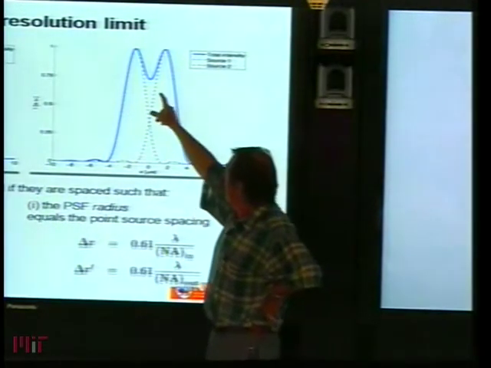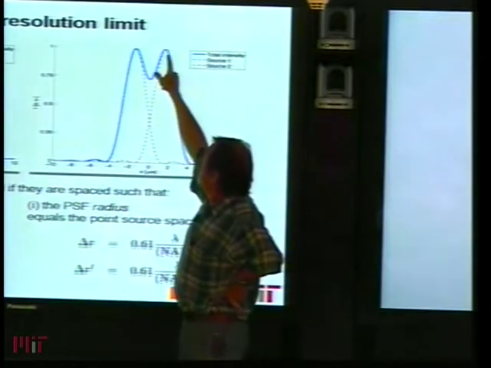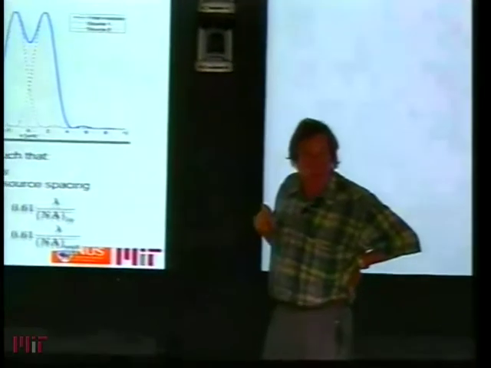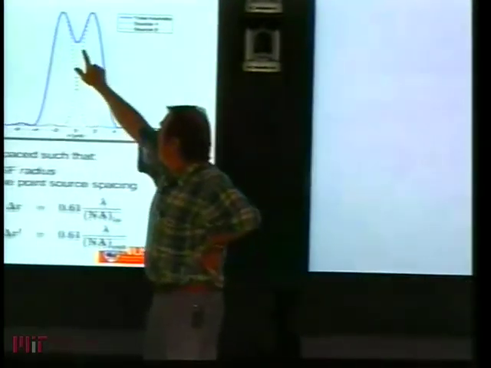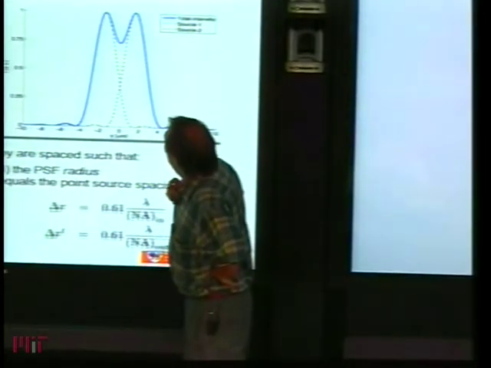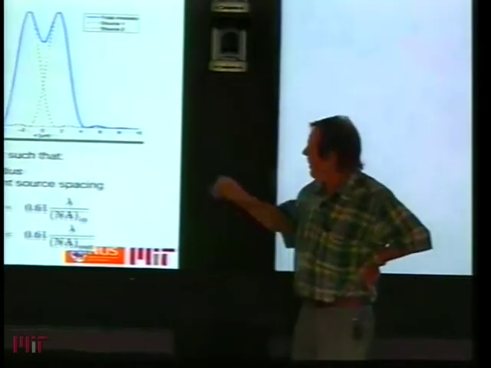And you can see that this drops a bit at the center. I think the intensity there is 0.887, I can't remember now, it doesn't matter. But anyway, it's about 0.8.